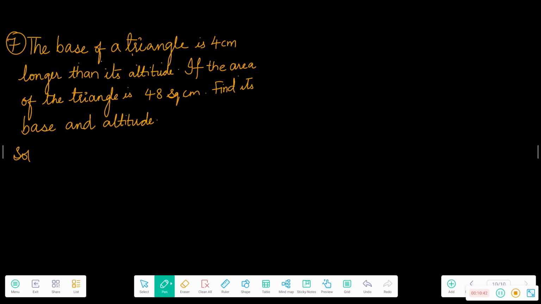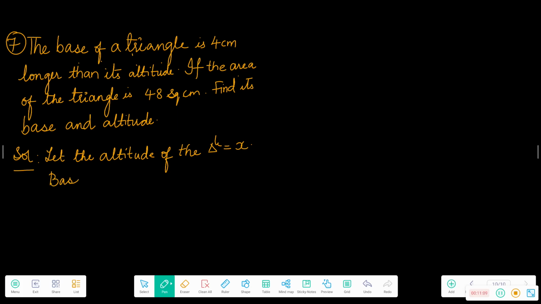So the base of a triangle is 4 centimeters longer than its altitude. So the base of the triangle is dependent on the altitude. So let us assume the altitude as x. Let the altitude of the triangle be x.